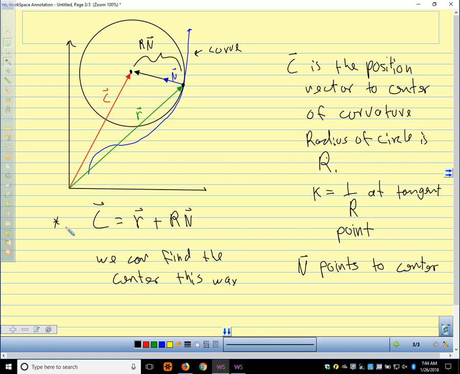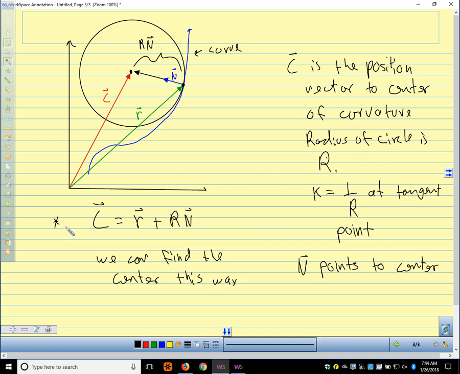R is the position vector to the point we're interested in. N is our principal unit normal vector at that point. R is the radius of curvature at that point, 1 over the curvature. We plug those in and we get the vector that points to the center of the circle.